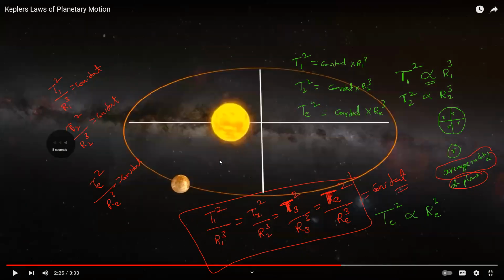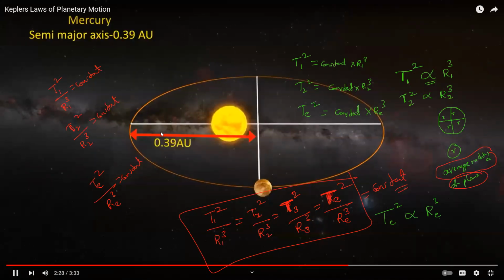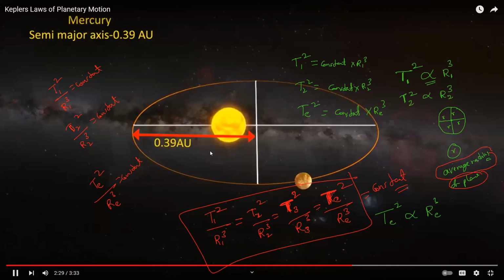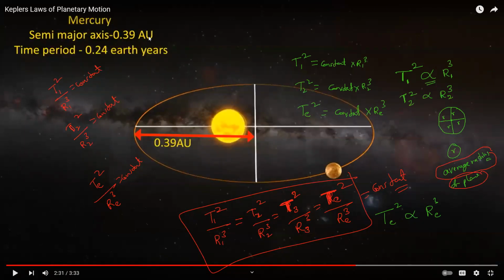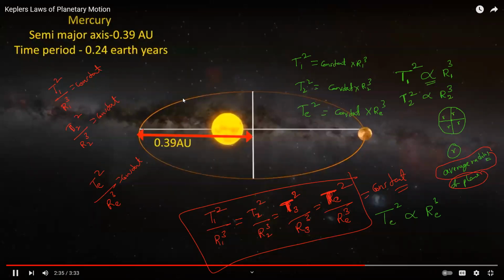Once again, for example, for Mercury, the length of the semi-major axis is 0.39 astronomical units. Write it down. And the time period of Mercury around the Sun is 0.24 Earth years.